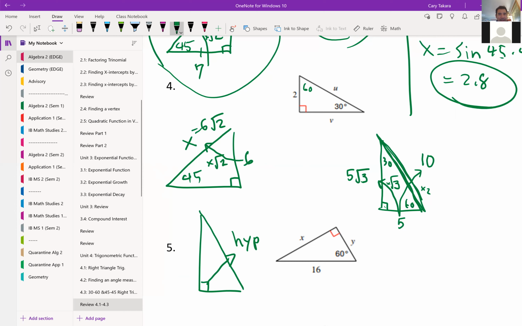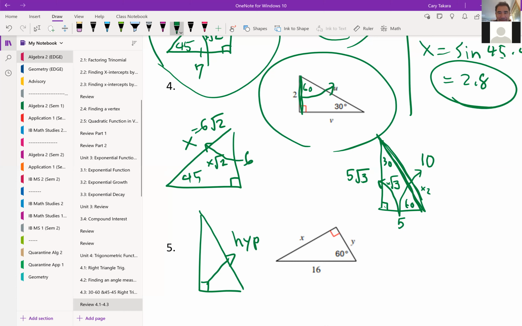Okay? So for this question, which side is the hypotenuse? Is it the V or U? Hypotenuse is U, isn't it? Thank you, Deborah. So if the short leg is 2, what is U? It's double.